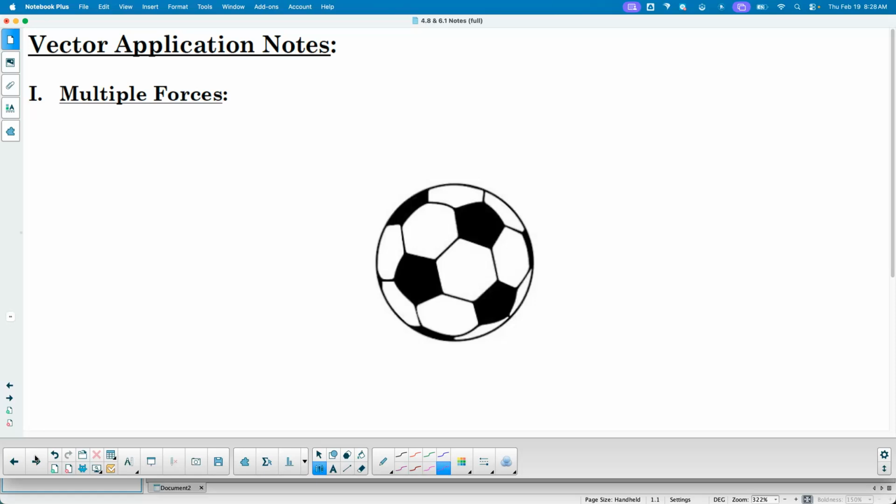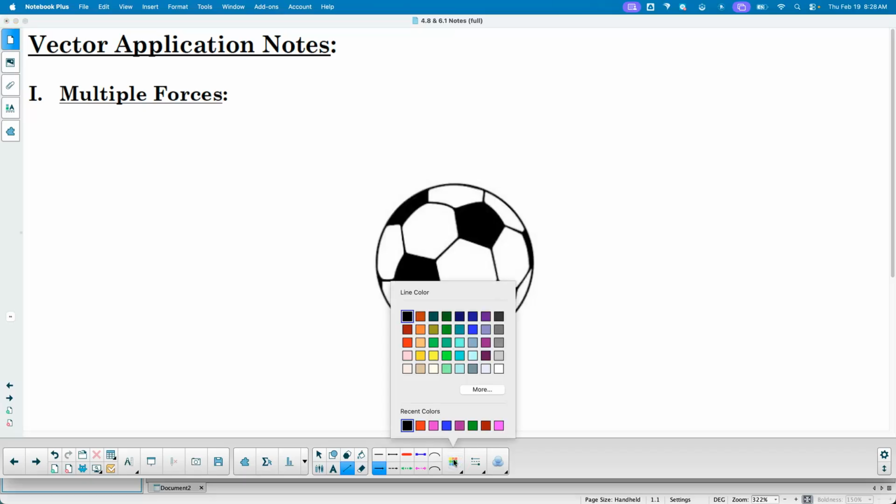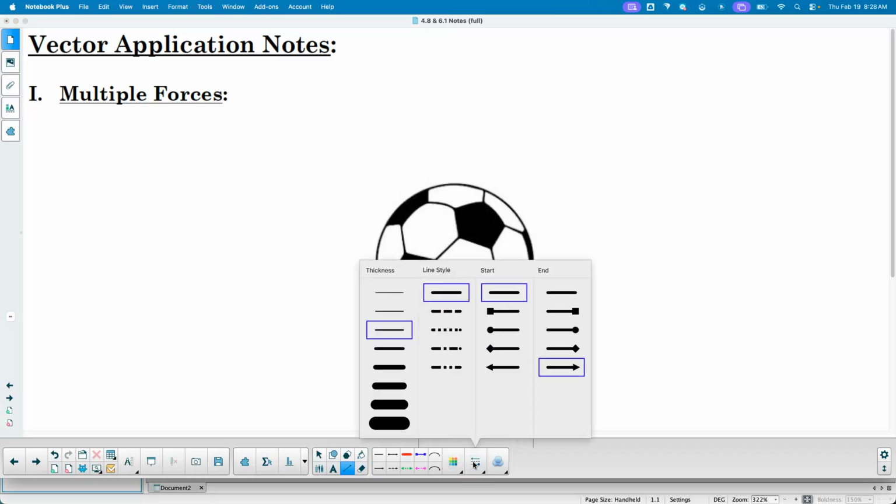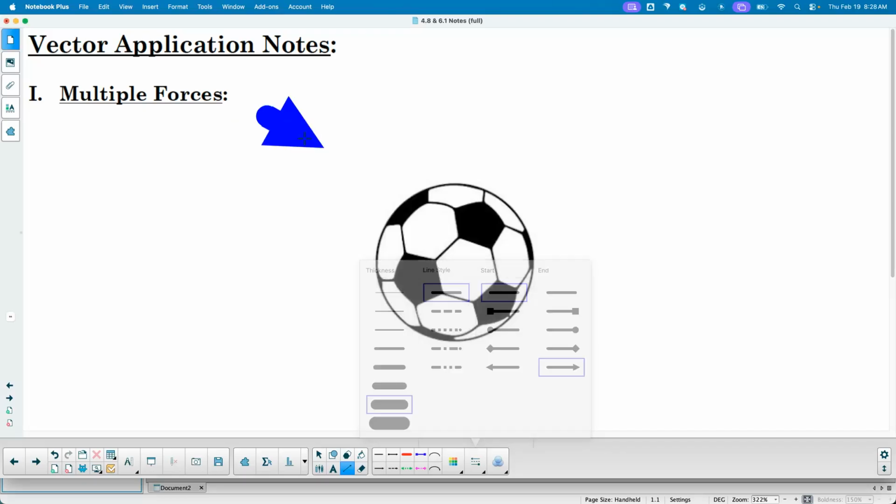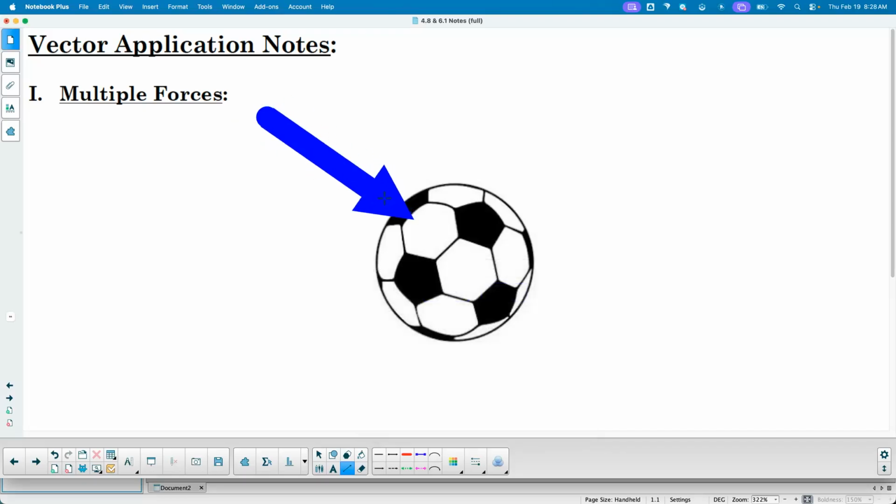So if I have multiple forces, which would mean that I would have like a force acting this way on that soccer ball, right? And then I could have a force acting that way on the soccer ball. Which way is that soccer ball going to end up going?